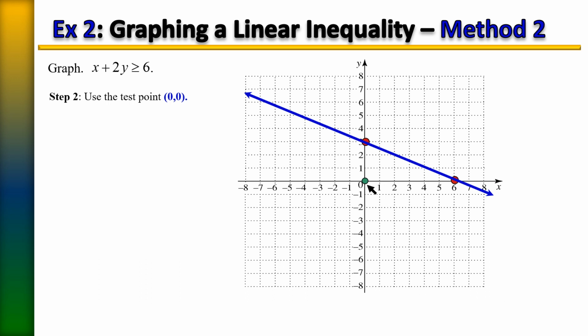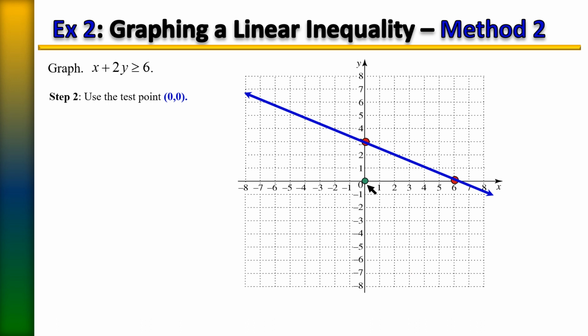And so what that means is, if I plug that ordered pair of 0, 0 in and I get a true statement, that means I'm going to shade the side where that test point is.